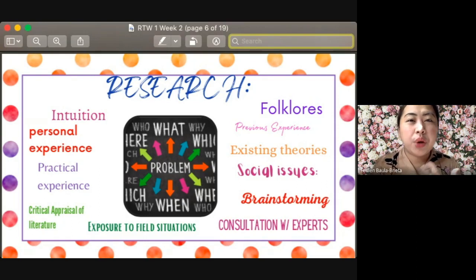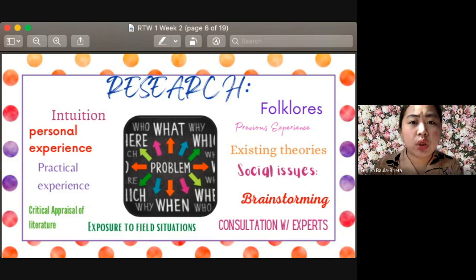So a research problem is a question that a researcher wants to answer, or a problem that a researcher wants to solve. So that is a research problem. You are going to identify and formulate a research problem. That is the very first step to do your research or to start your paper.